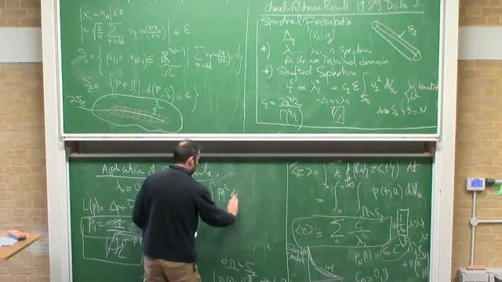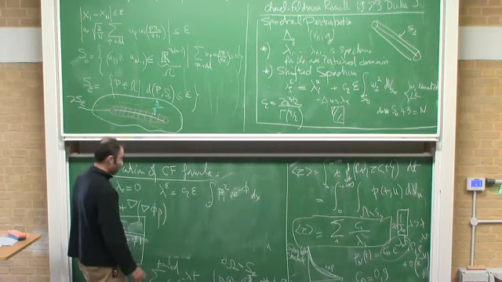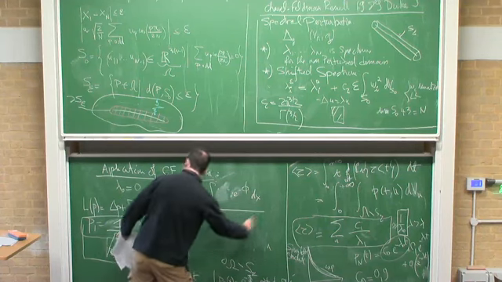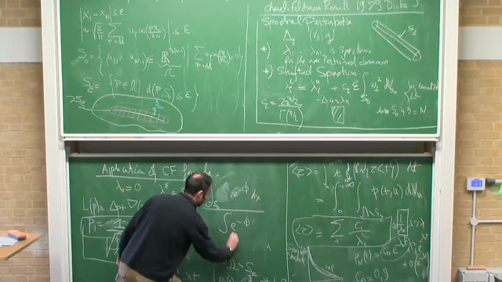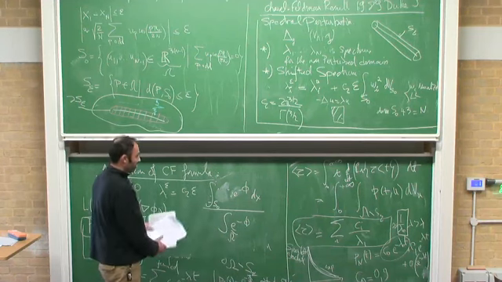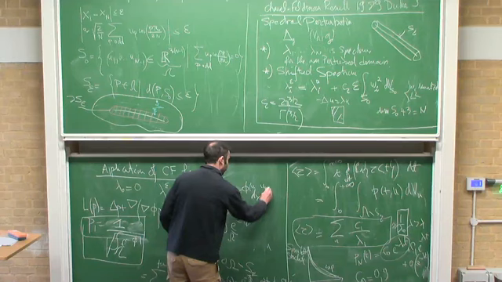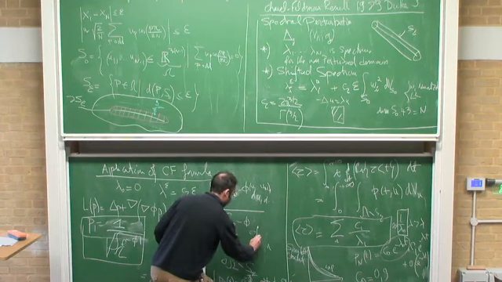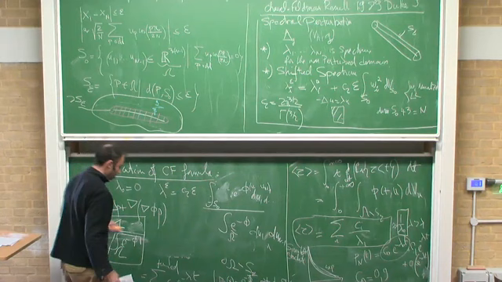So d volume is exponential minus phi dx. P1 squared is a constant, so I put it outside. And now I have just to divide by this, which is the integration of exponential minus phi over the entire domain. So now what you need to calculate is du1 through dun minus 1. Now you need to calculate just a Gaussian integral.